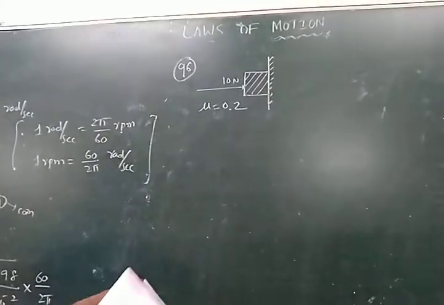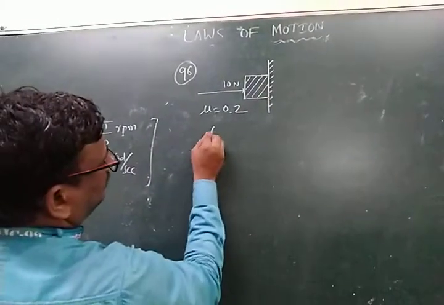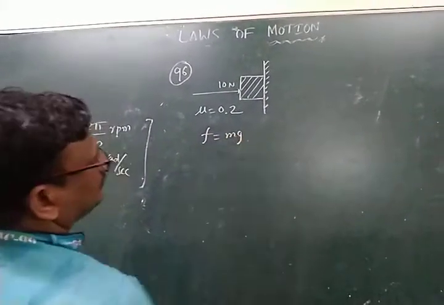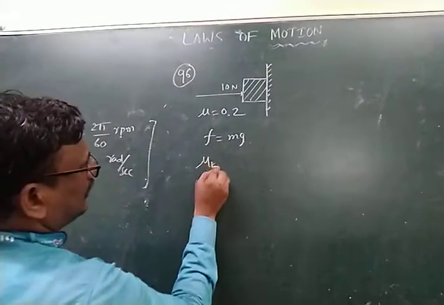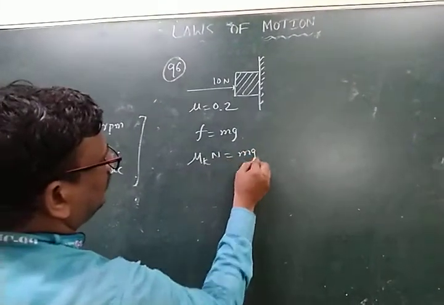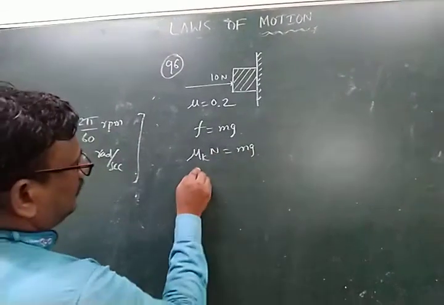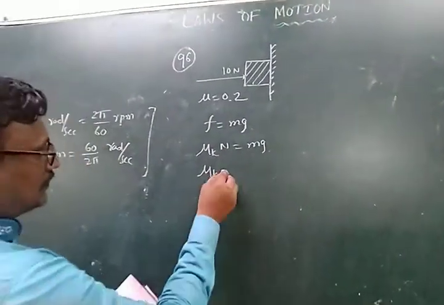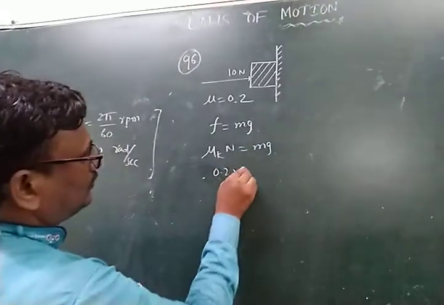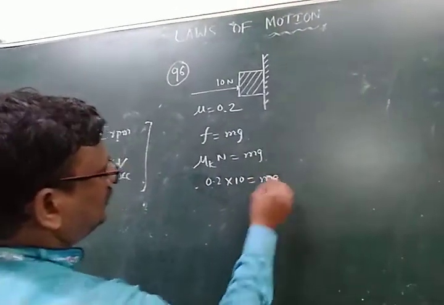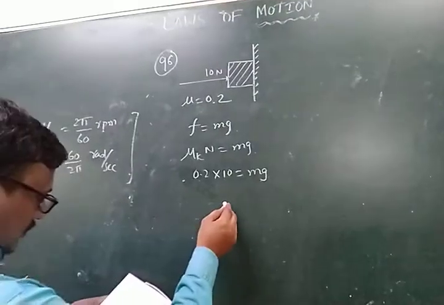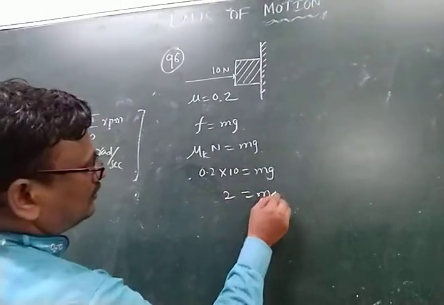What is the weight of the block? Here the frictional force F is equal to m into g, and F is equal to mu k into N. So mg is equal to 0.2 into 10, and that is equal to 2 newtons, so mg is 2 newtons.